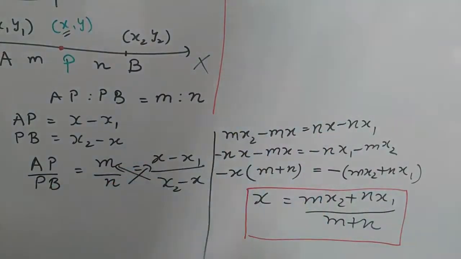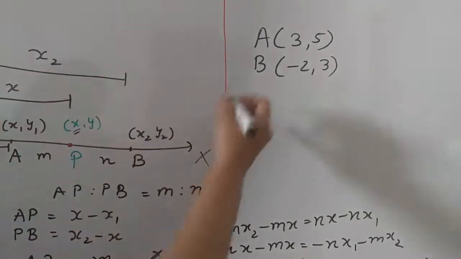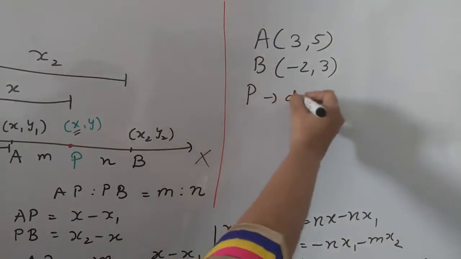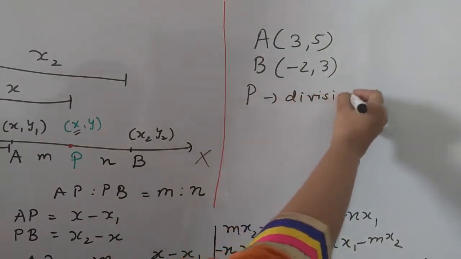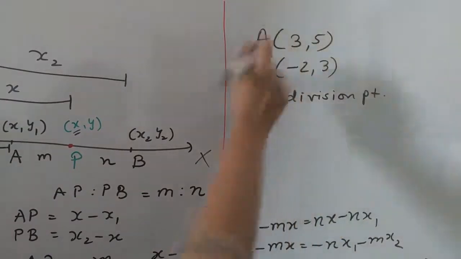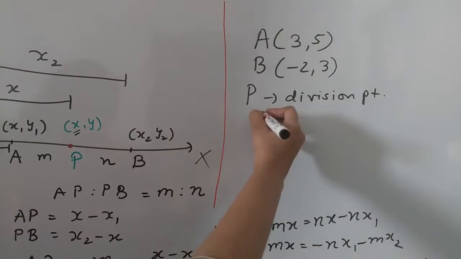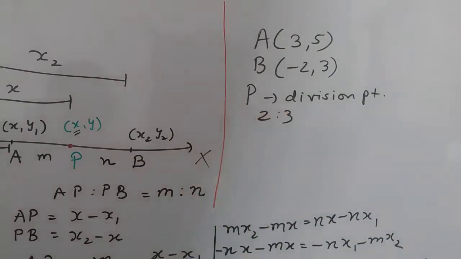And if I want to find point P, which is the division point of this line segment AB, whose coordinates are written, suppose the ratio is given as 2:3. Then how do we apply this formula and get our point P?